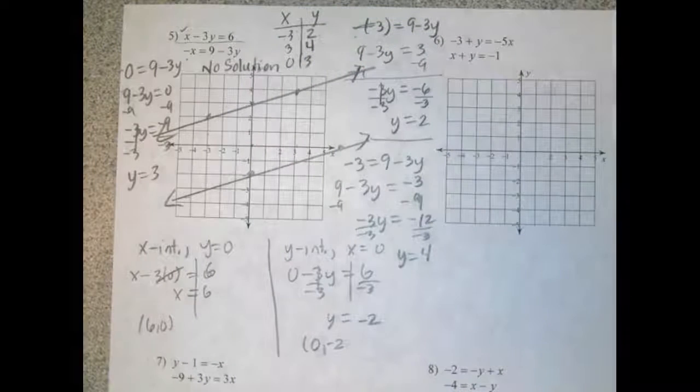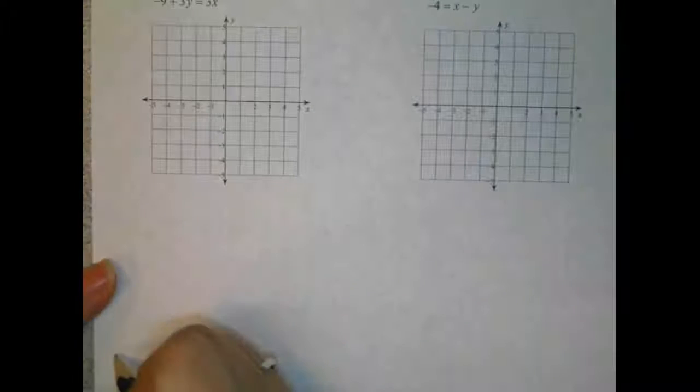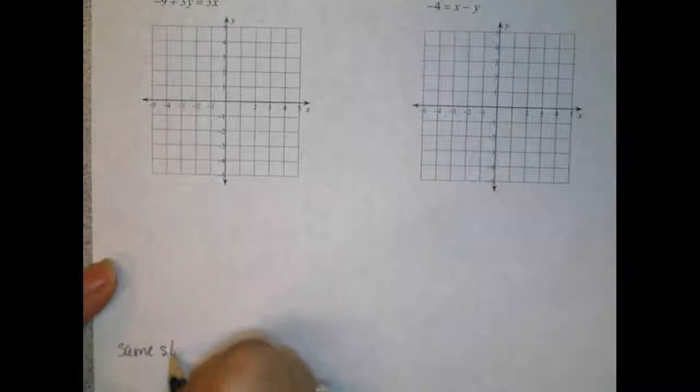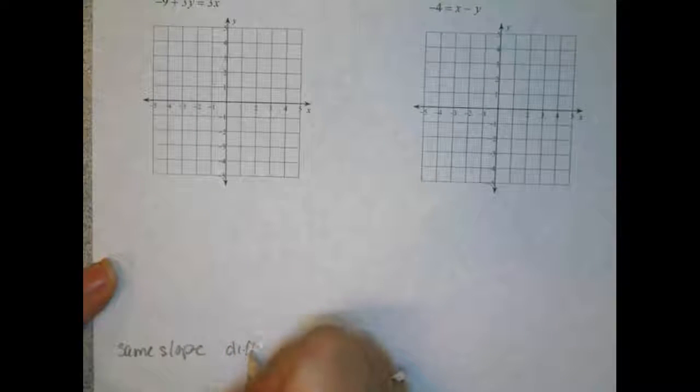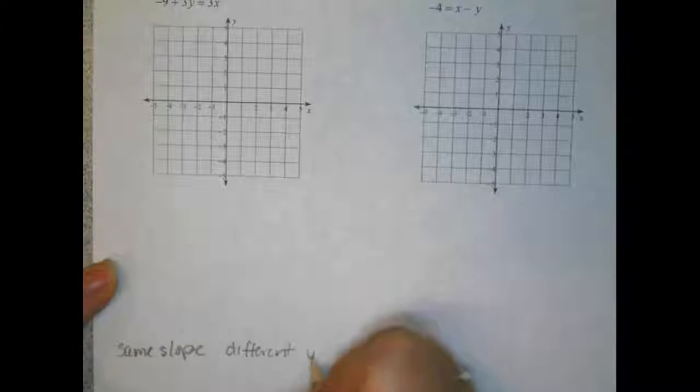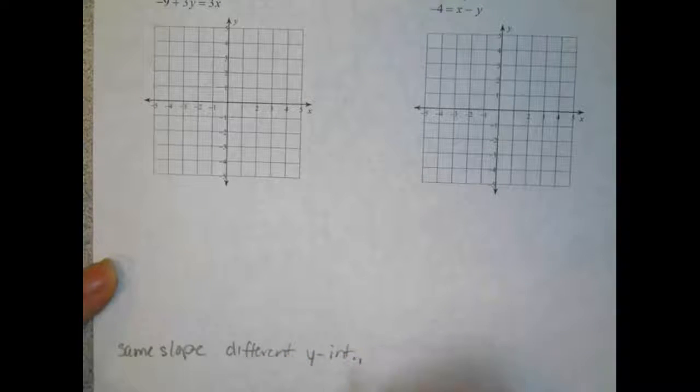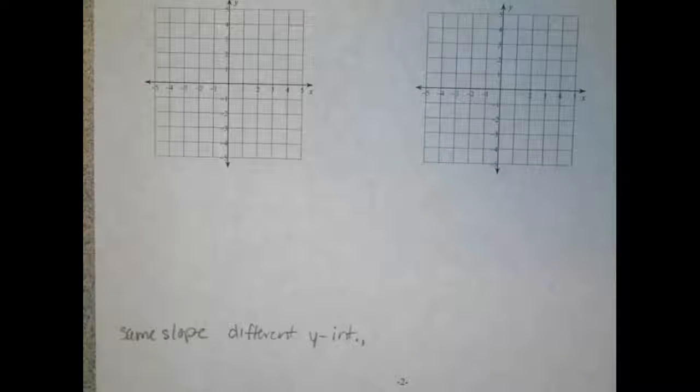So when you have parallel lines, you're going to have the exact same slope, but you're going to have a different y-intercept. So the slope is going to be the same for these guys, but where they start is going to be a different spot. They're going to be two parallel lines on that grid.